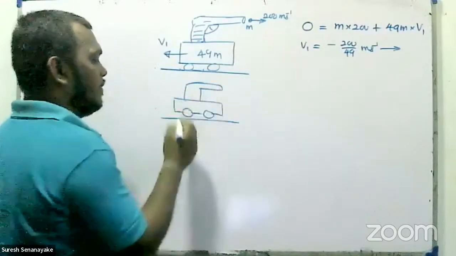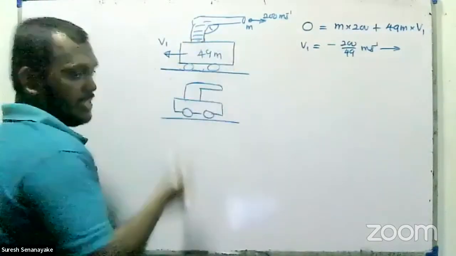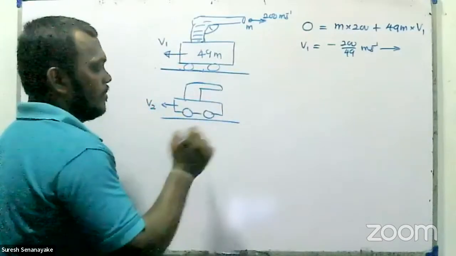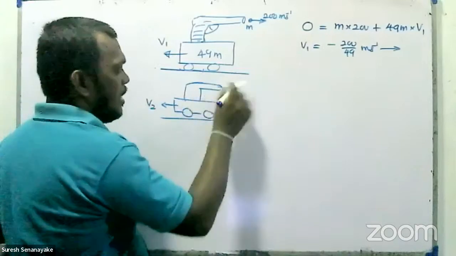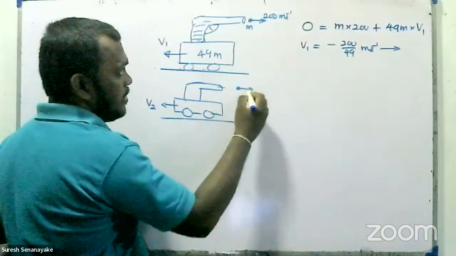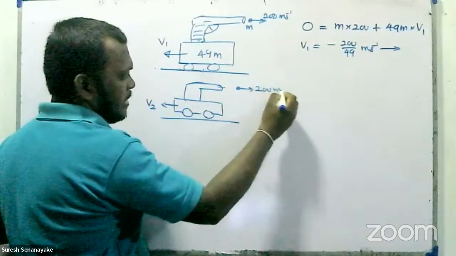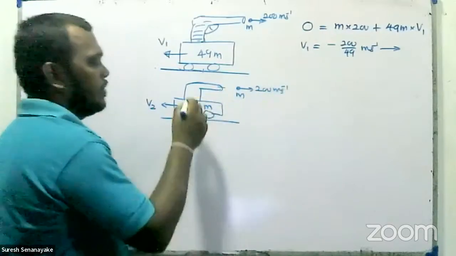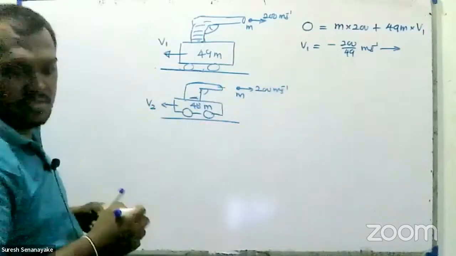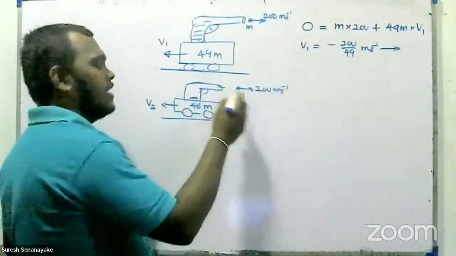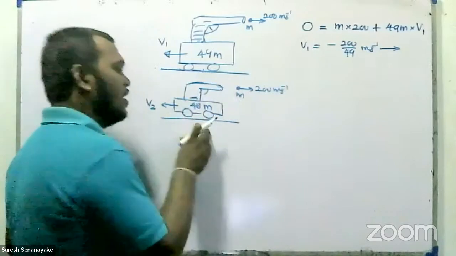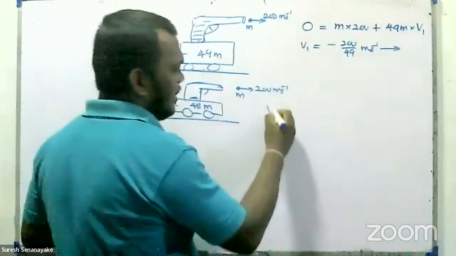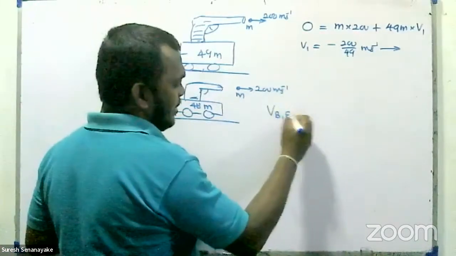When the second bullet is fired, this is the initial case. And finally, its velocity is V2. V1 we already know. And the bullet comes out with 200 meters per second, and now the mass is 48m, right? Now, this bullet is fired with respect to the gun, so you need to find the velocity of the bullet with respect to the earth.